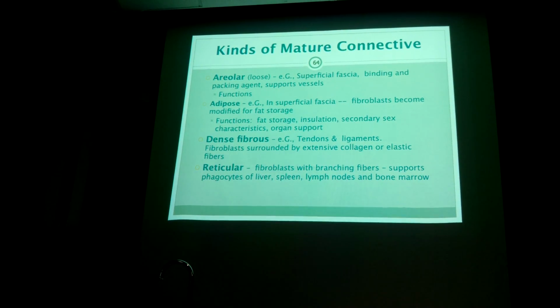That would be an example of dense regular connective tissue. Adipose in the superficial fascia for fat storage, areolar, very loose, reticular. This you find more in some of the organs: the liver, spleen, lymph nodes, bone marrow.